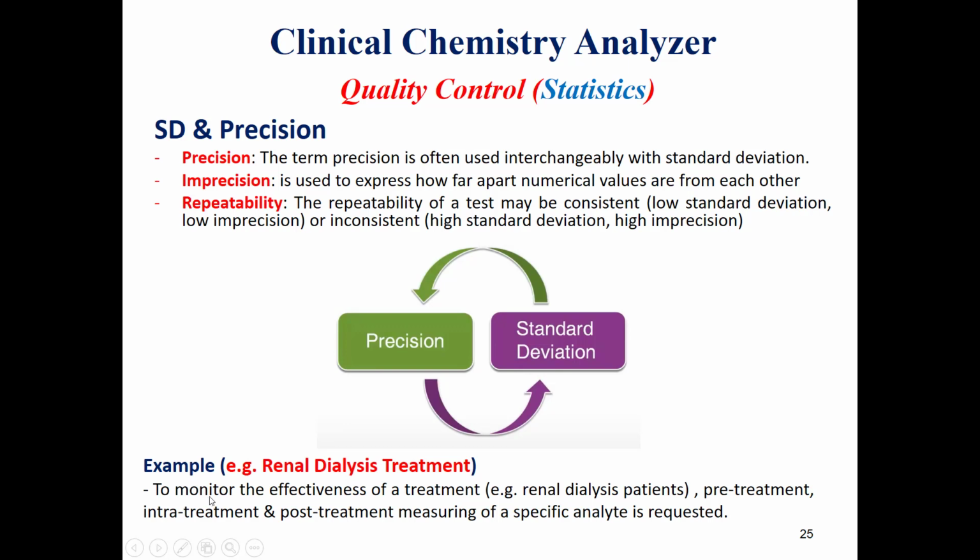For example, I will take the renal dialysis treatment for a patient. Usually such a patient will have 2 to 3 renal dialysis sessions per week, in order to remove the metabolic waste and urine products from the body.